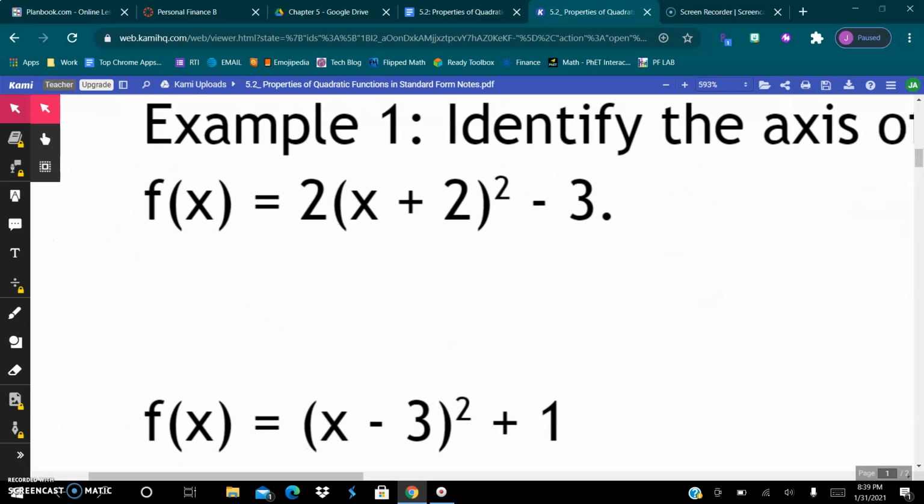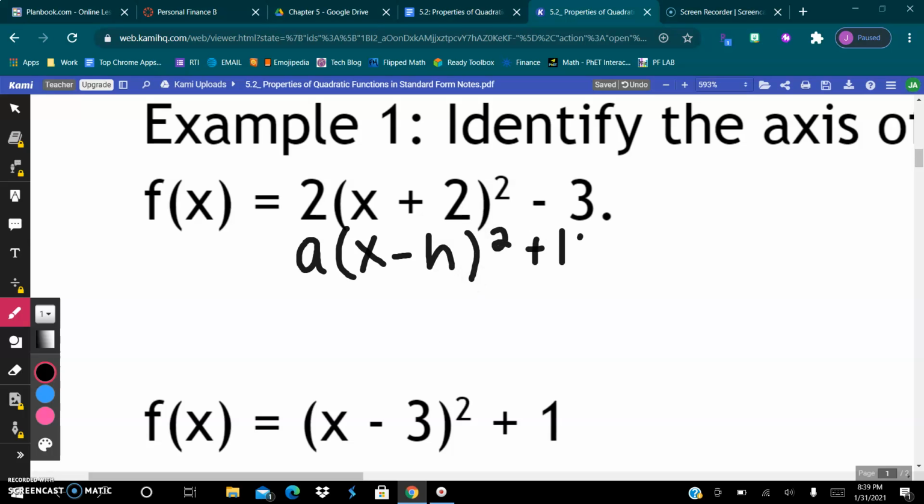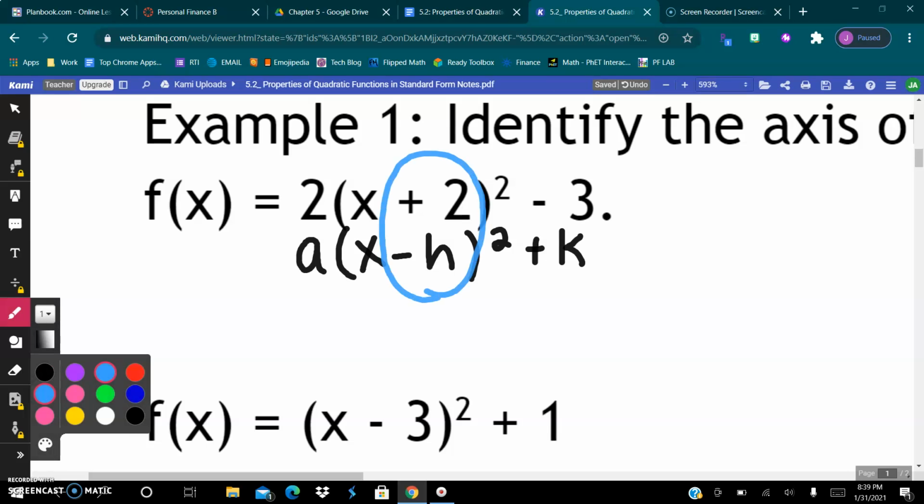The first one is 2 times the quantity of x plus 2 squared minus 3. This is our vertex form, and we're just paying attention to the h value. Notice the generic form here is x minus h, but our function says plus 2.